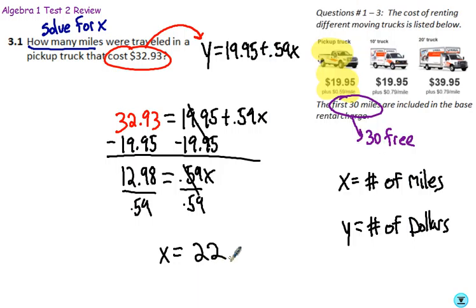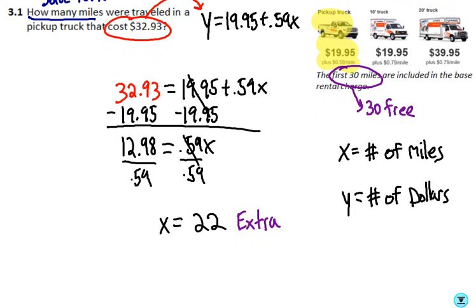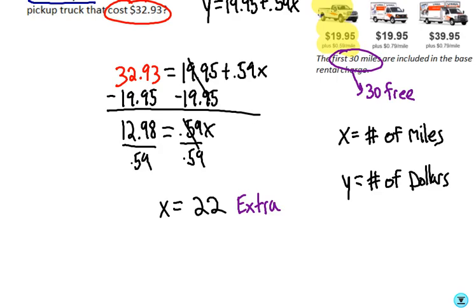Now, don't box your answer yet. You're thinking 22 is the answer. 22 just represents the extra miles that we paid for. This represents the overage. Because remember, we got some for free. So if we were to include what we got for free, if you recall, we got 30 for free, or included.